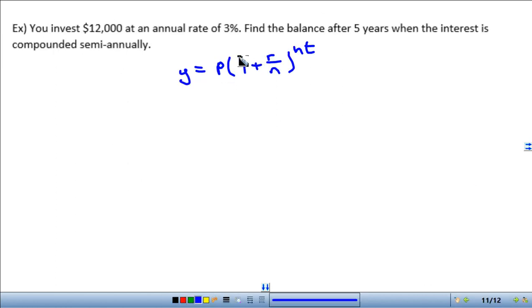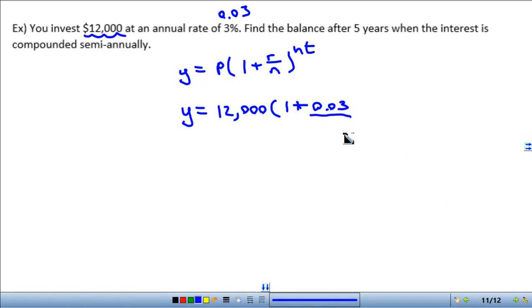And now you invested a principal of 12 grand. What's my rate? Well, it's 3%, but I got to make that into a decimal. So 0.03. And that's all over n, the number of times it's compounded. Semi-annually means twice a year.